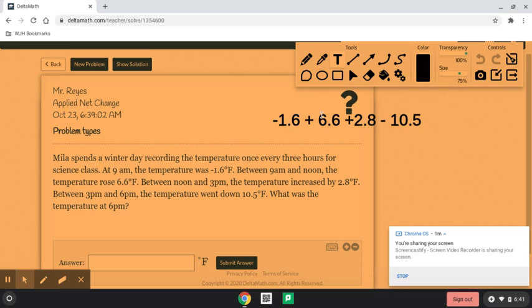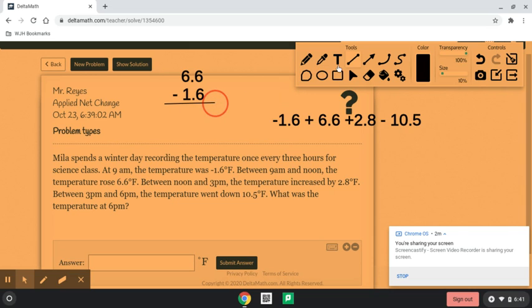We can think of this as 6.6 minus 1.6, because this one is negative. So you can write that out, like I'll write it out right here. And then once you've done that, you have to make absolutely sure that you line up those decimal points. That's the main thing.